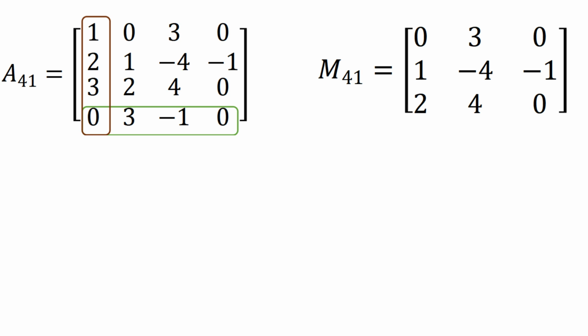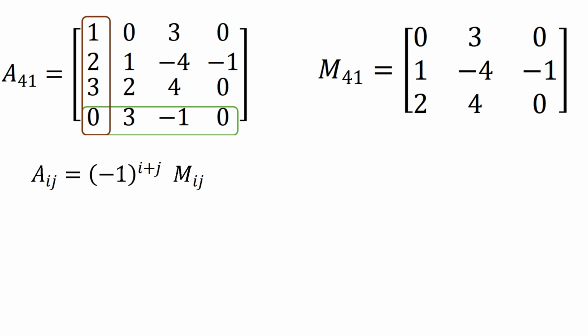So our formula for the cofactor: A sub ij is equal to negative 1 raised to i plus j times M sub ij. A sub ij is the cofactor of the element at row i, column j, and M sub ij is the minor, the determinant of the submatrix formed by deleting row i and column j.